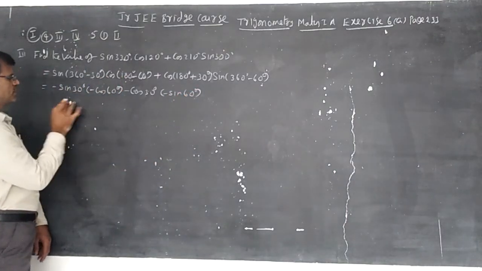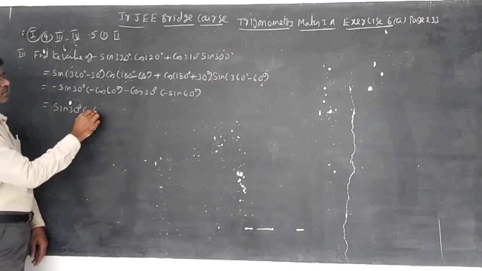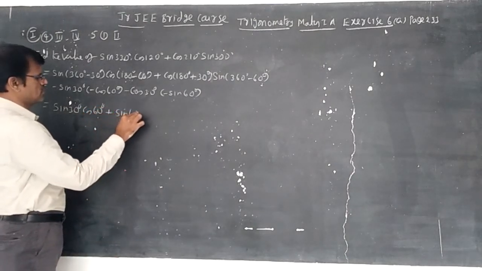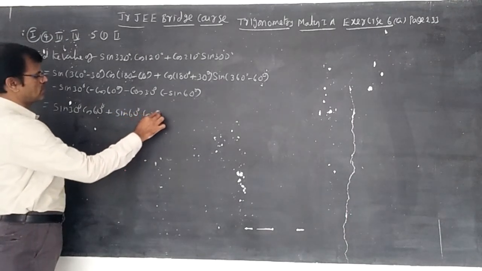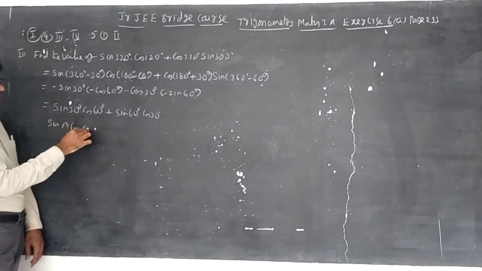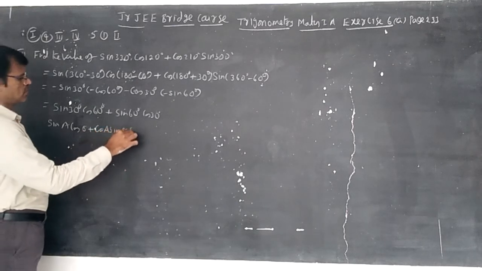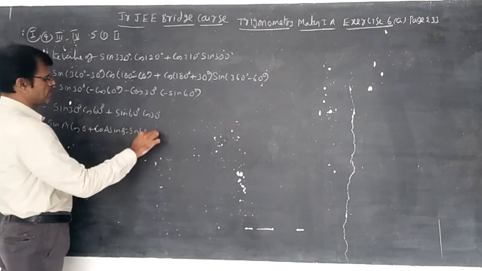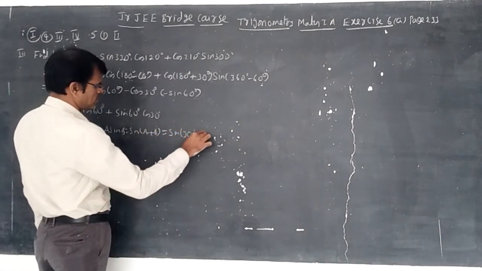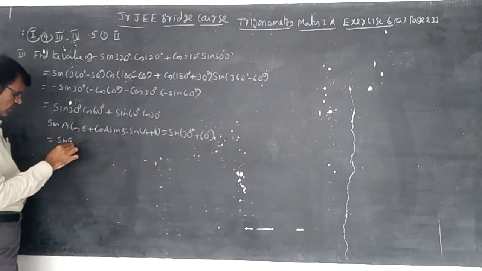So minus of minus gives plus: sin 30 cos 60 plus sin 60 cos 30. We can use the formula sin A cos B plus cos A sin B, which is sin of A plus B. So sin of 30 plus 60, that is equal to sin 90, and the value is 1.